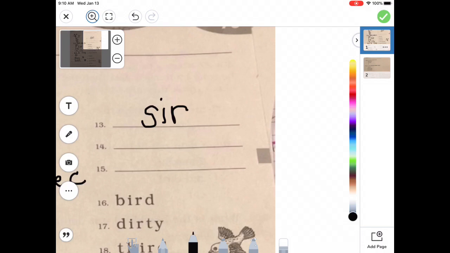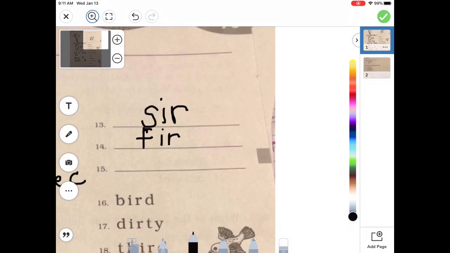Okay, on number 14, let's try to spell first. F, very good. So it's that sound. Well, so far I know that ER makes the sound and IR makes the sound. So I'm going to put the IR in there because it's in the middle of a word.